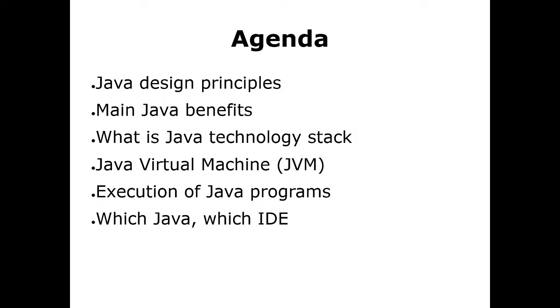Also, we'll discuss the Java virtual machine. What is it? What is the purpose of the Java virtual machine? Why do we need the Java virtual machine? We'll talk about how Java programs are executed, what you need to execute Java programs, in which cases it will work and in which not.